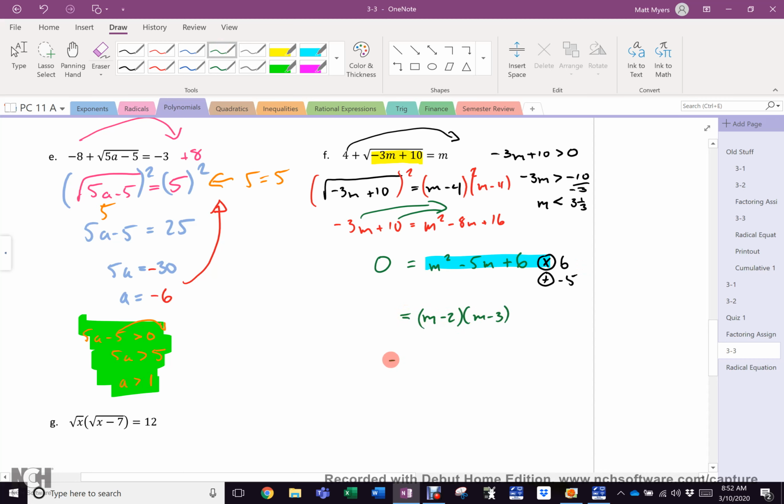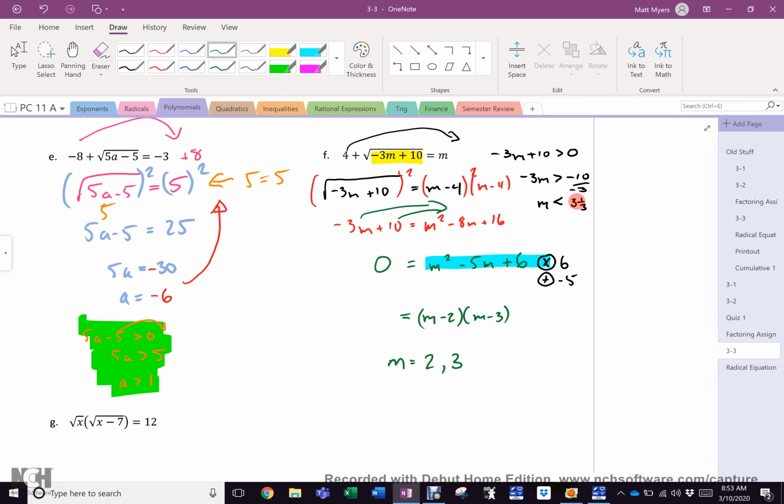And now, just by looking at that, what does m have to be? +2 or +3. Are both of those numbers less than 3 1/3? Yes. So because they're both less, we have to check both of them.